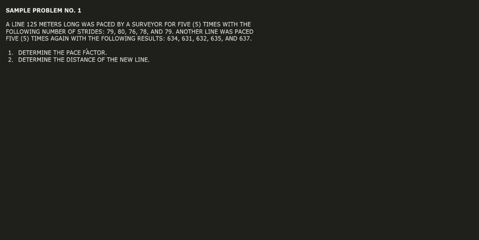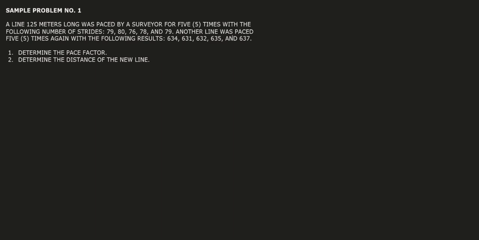So, guys, this is our sample problem number 1 in phasing. Let's read the problem first. A line 125 meters long was paced by a surveyor 5 times with the following number of strides: 79, 80, 76, 78, and 79.